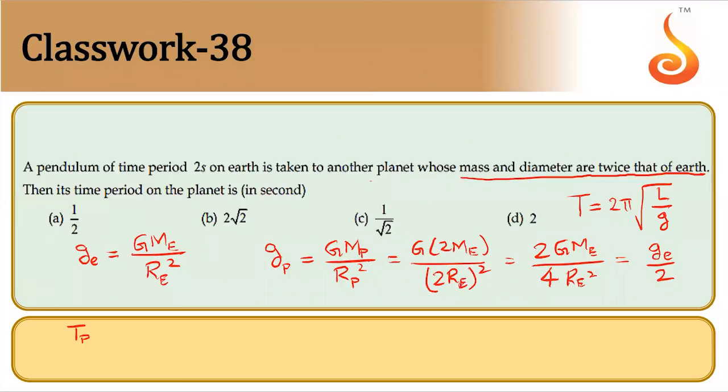So the time period on the planet divided by the time period on Earth will be equal to root of gE by gP, that is root of 2.